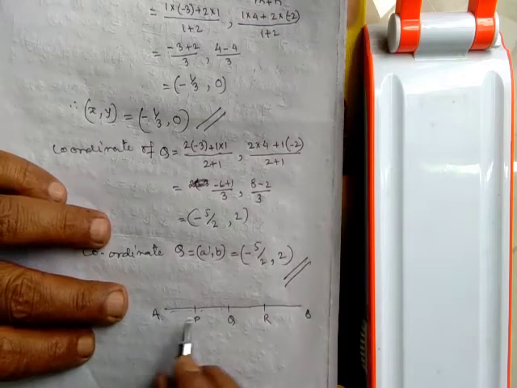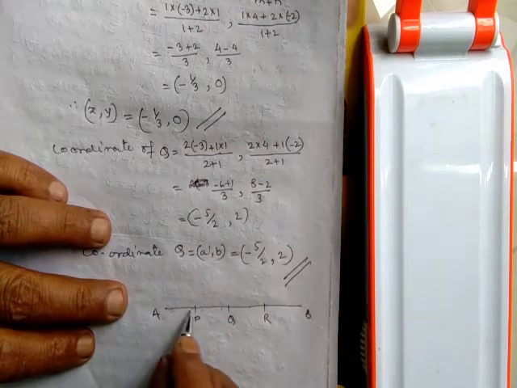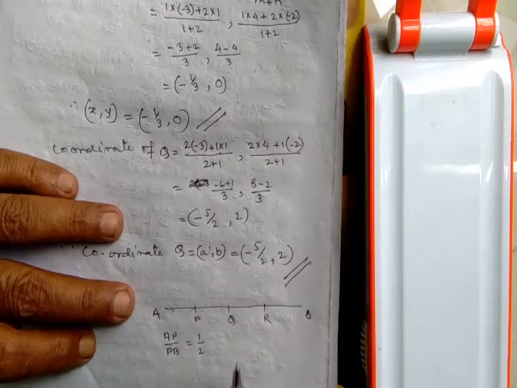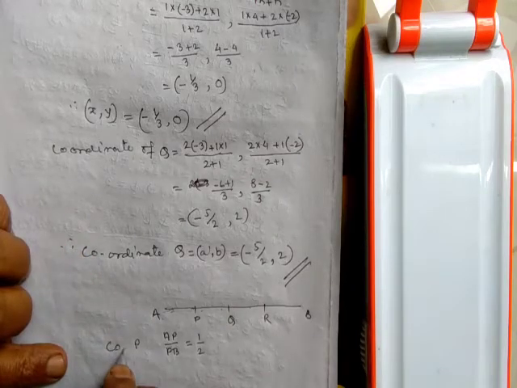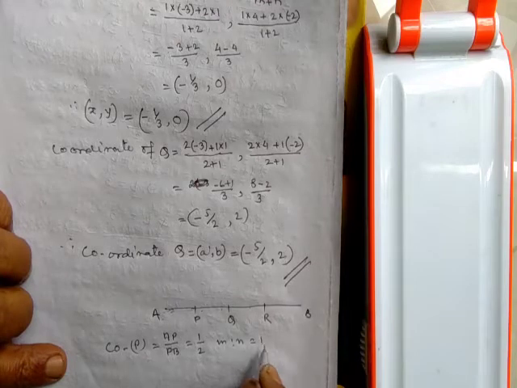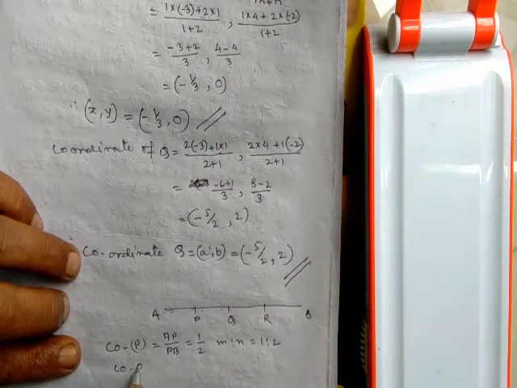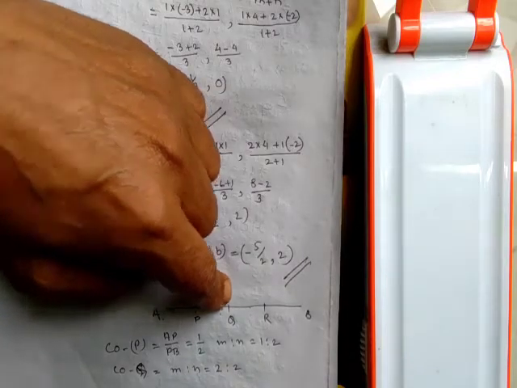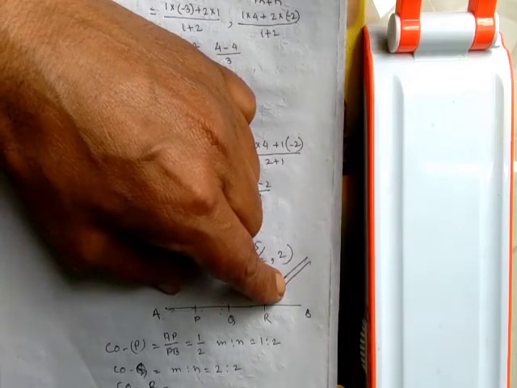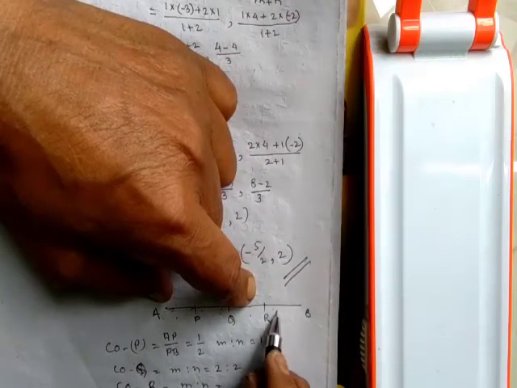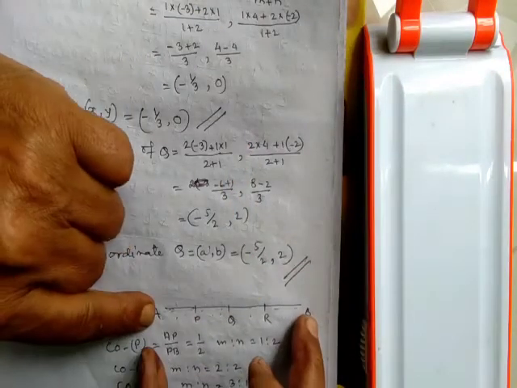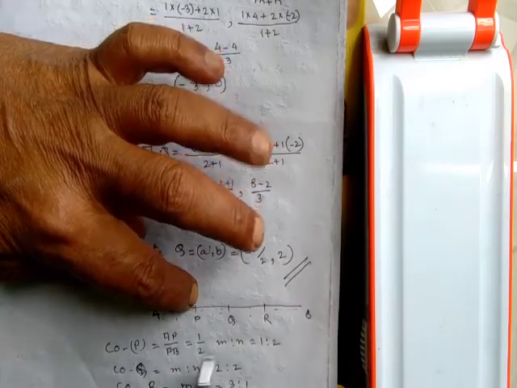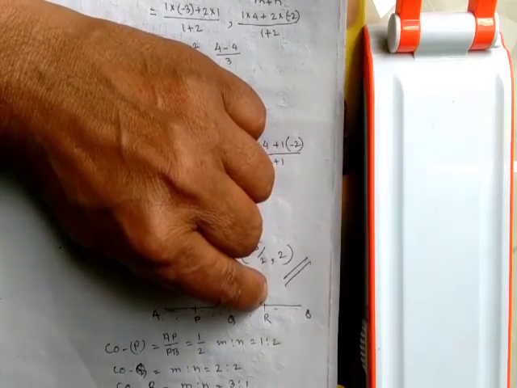Then the ratio for P will be AP by PB is equal to 1 by 3, that is m is to n is equal to 1 is to 3. For Q, this side is 2, this side is 2, so m is to n is equal to 2 is to 2. For R, m is to n is equal to 3 is to 1.